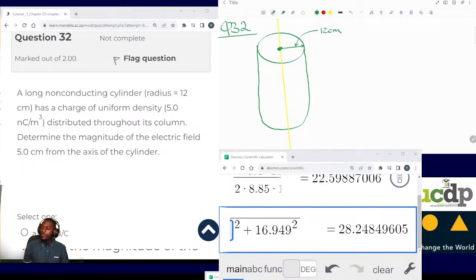Now we have to find a perfect Gaussian surface, which is going to be a cylinder, and we're calculating at 5 centimeters. So this is our Gaussian surface at 5 centimeters from the axis.